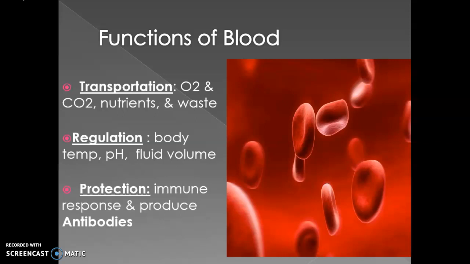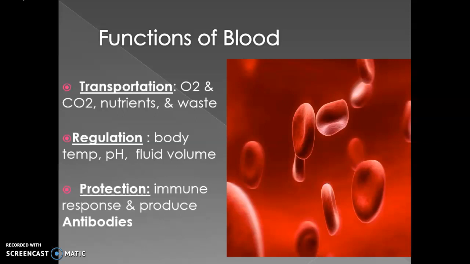So plasma absorbs and distributes heat throughout the body. If the body needs to be cooled, the blood vessels in the dermis dilate and dissipate the excess heat through the integument. Conversely, when the body needs to conserve heat, the dermal blood vessels constrict by vasoconstriction, and the warm blood is shunted to deeper blood vessels in the body. This helps us to retain heat.